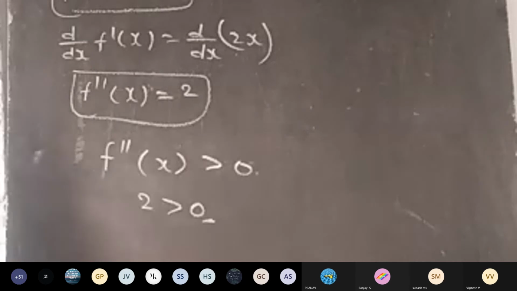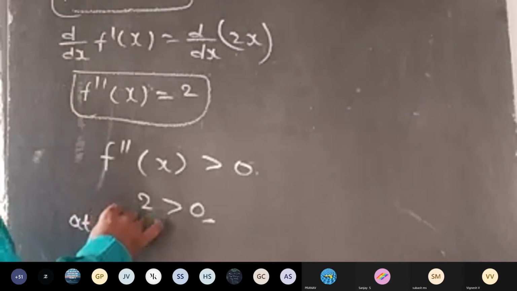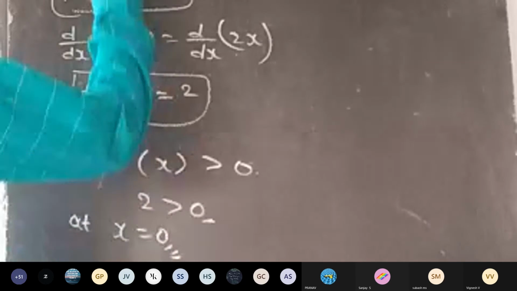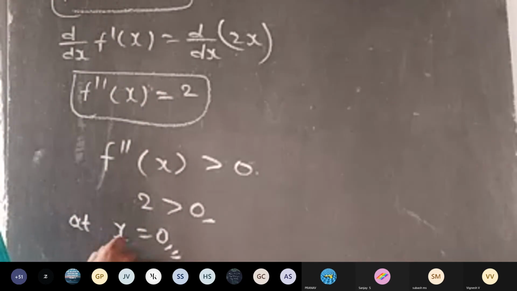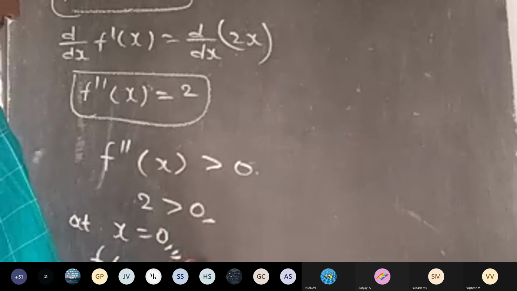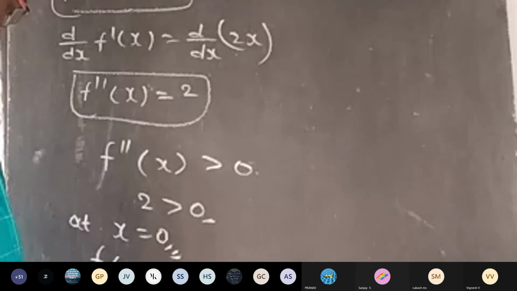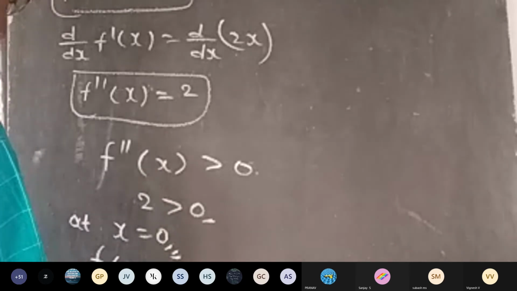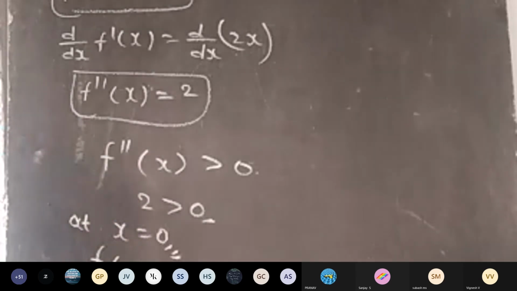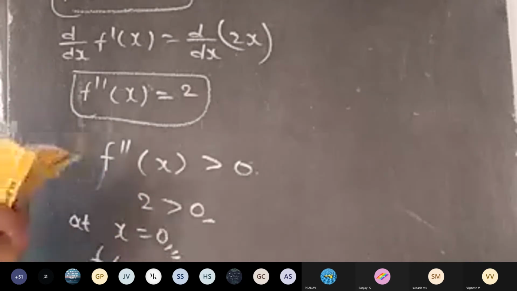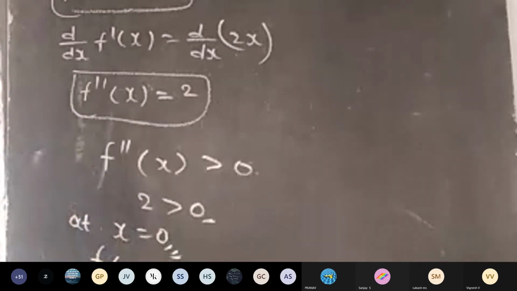Okay, so at the point x is equal to 0, what can you write? f of x is equal to x square, f of 0 is equal to 0 square, means f dash of 0 is equal to 0. Once you can copy.